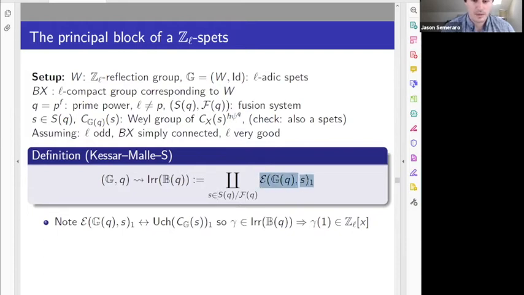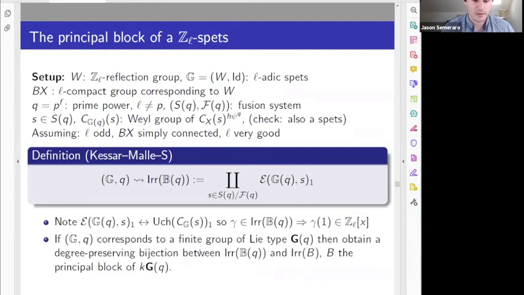And then what we do is we just run over Lusztig series, now defined in terms of complex Hecke algebras from the theory of Spetses, and take the principal series, as again defined in the theory of Spetses, and obtain something which actually is meaningful in the case where G_q corresponds to a finite group of Lie type.